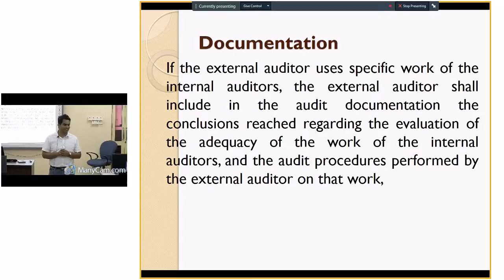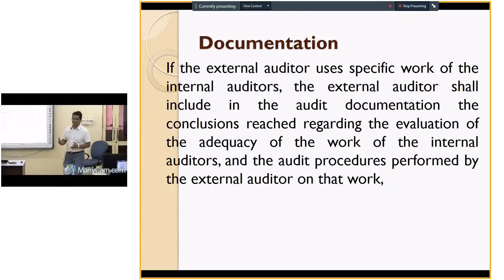What is required is to extract that information for audit purposes. You want to use the internal auditors' work, not just take it as our work. You have to make use of that knowledge in the external auditor's opinion or in the external audit function.